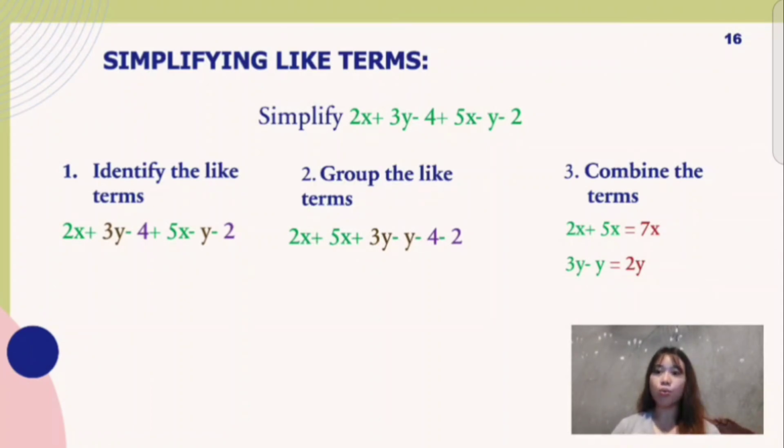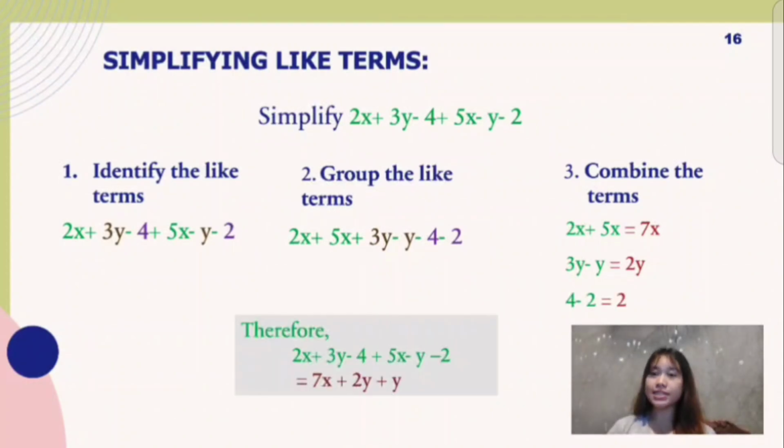In this expression, y is understood as 1y. It's supposed to be 1y, but oftentimes we only write it as y since it will automatically be counted as 1. So 3y minus y is 2y. And lastly, 4 minus 2 equals 2.